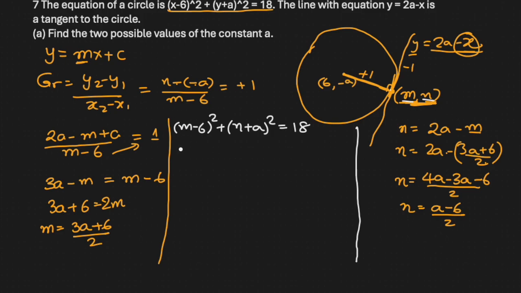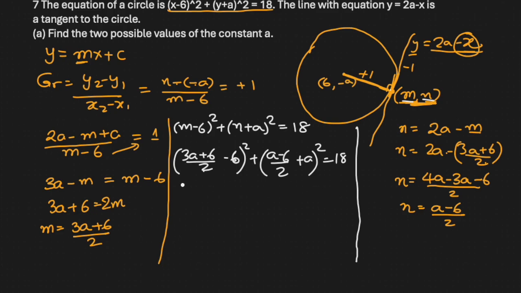I can substitute here. So it becomes 3a plus 6 over 2 minus 6 squared plus a minus 6 over 2 plus a squared equal to 18. So if I simplify this, 2 times 6 is 12 again.